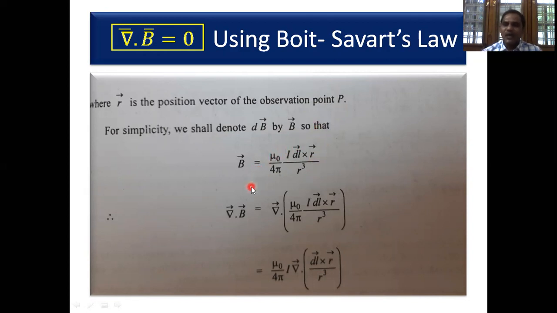Now we have to prove del bar dot b bar equals 0. Therefore, consider del bar dot b bar, that is the divergence of b bar, which equals mu naught I by 4 pi del bar dot dl bar cross r bar by r cubed.